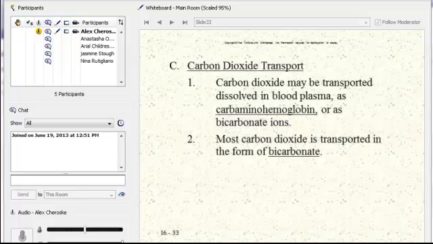Okay. So flip side of the coin, carbon dioxide. Now, for carbon dioxide, we talked about that equation already. And that equation told us that carbon dioxide is mainly transported as bicarbonate ion, right?